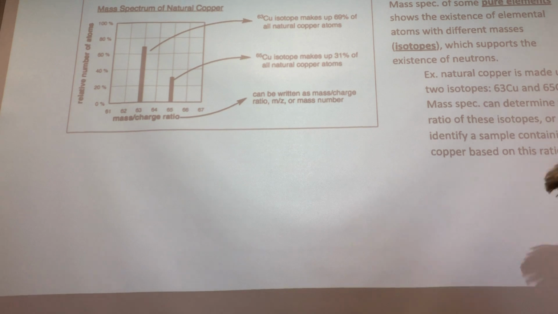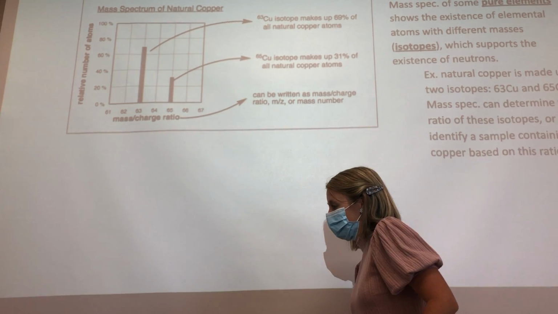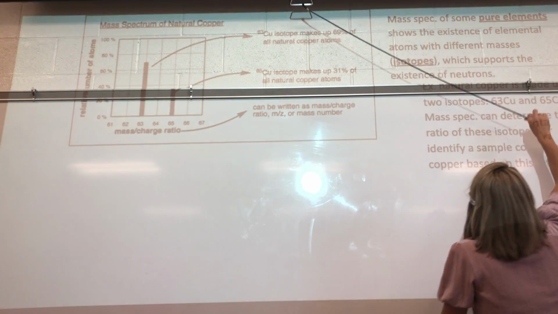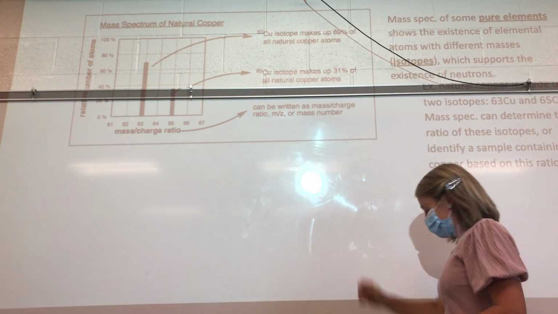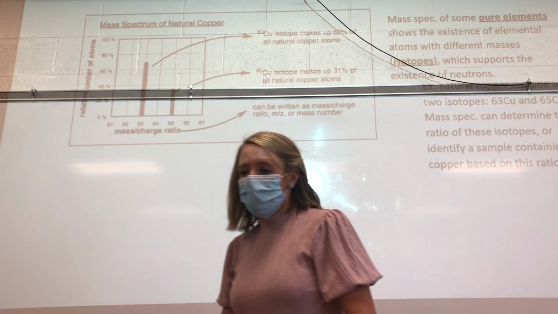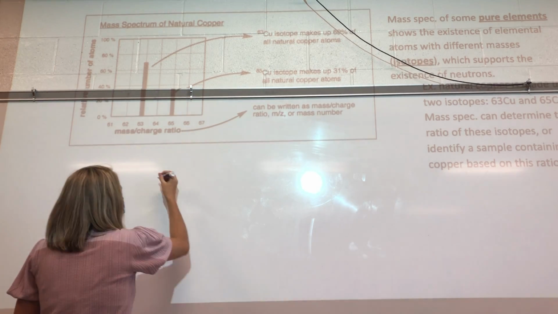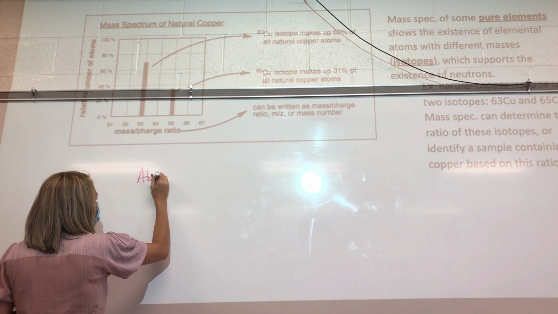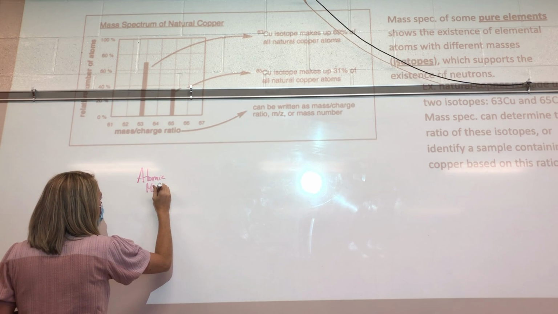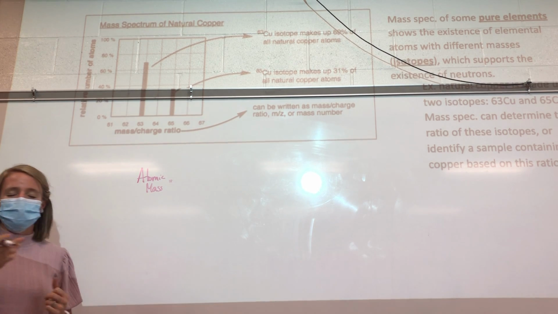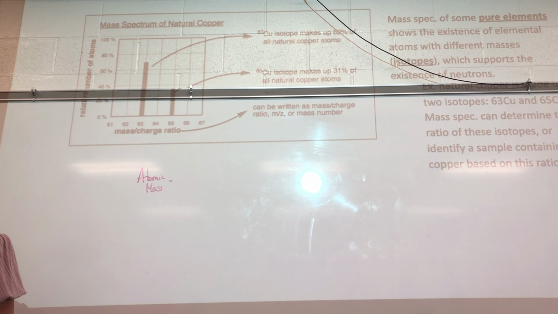Which, if you look at the periodic table, matches that the average is 63.5. Once again, the average gets pulled towards the greater abundance. And this is the equation that is used. So the way they mathematically calculate the atomic mass once they get this data is actually very similar to how a weighted grade is calculated, right?